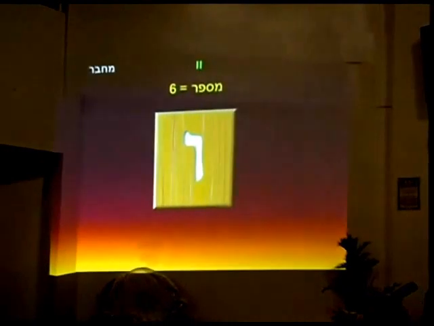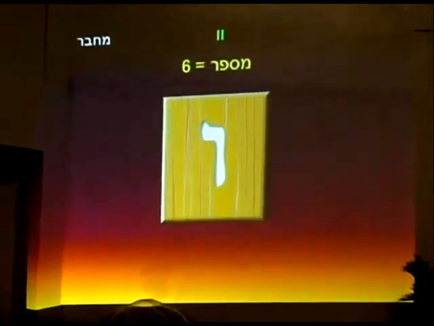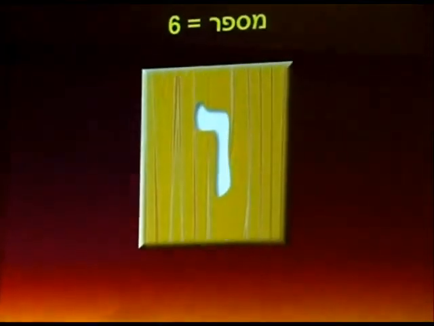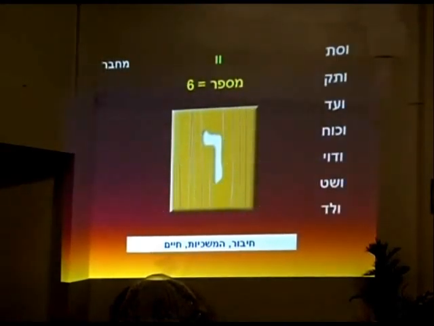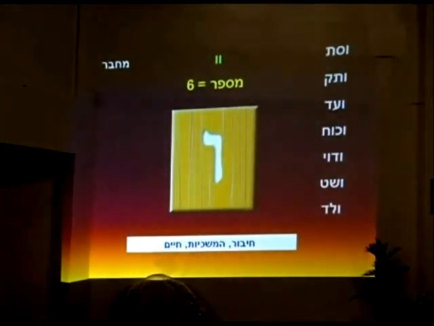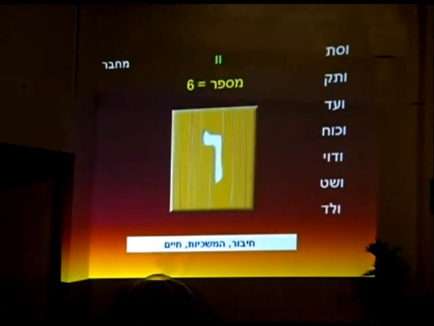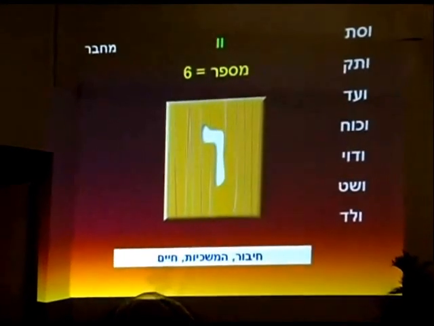Vav. Number 6 is a connecting. Vavs are called hooks in the Torah. They're connectors. It's a connection, it's a continuation, and there's something to do with life. Life as a continuity. Veset, vetek, vaad, vikuach, vidui, veshet, vlad.